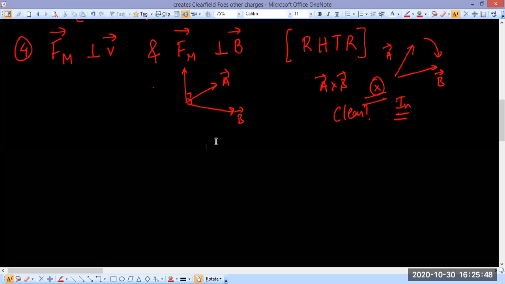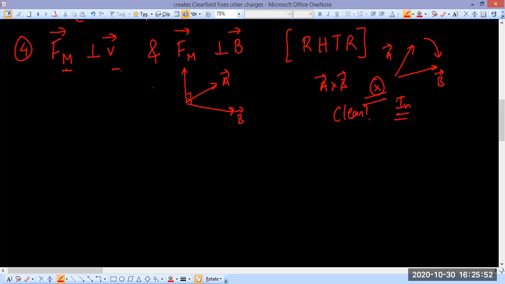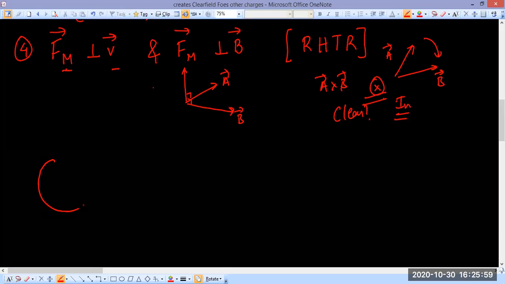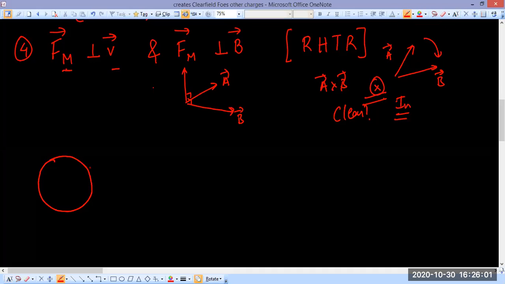So you should remember that this force is always perpendicular. You remember, when there is a circular motion, we divided the force into two components, one centripetal and one tangential.